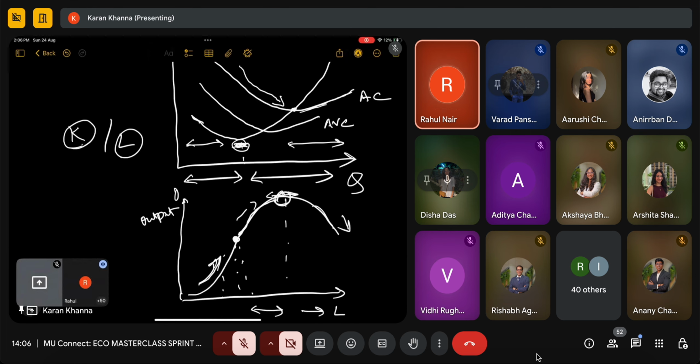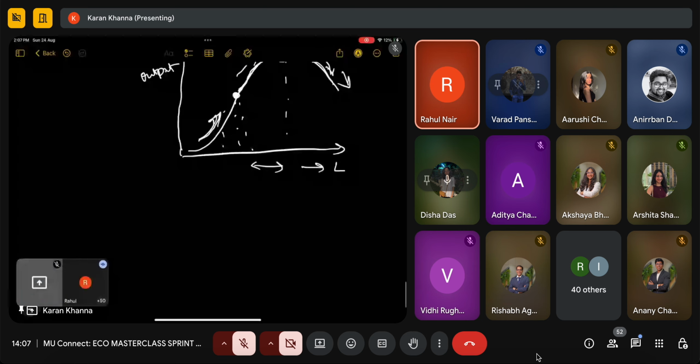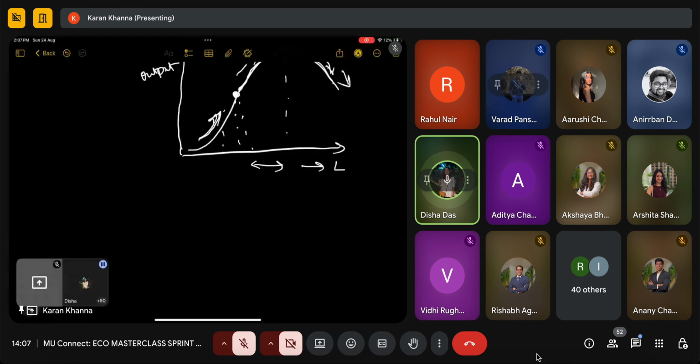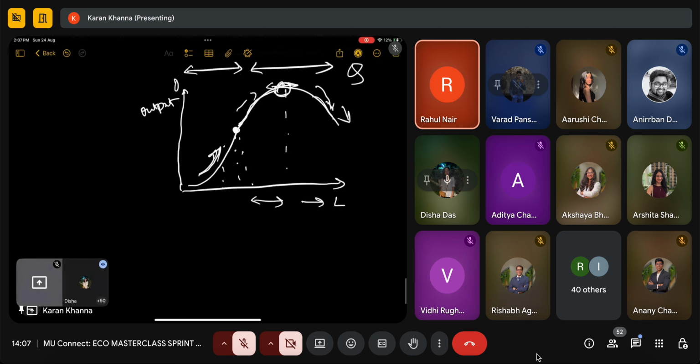It's like too many cooks spoil the broth. So the total product actually goes down. I don't know if this would help you better, but this is something which came to my mind to explain the total product. Garima ma'am also used something similar, like with bakeries, if we keep on adding bakers there. Correct.